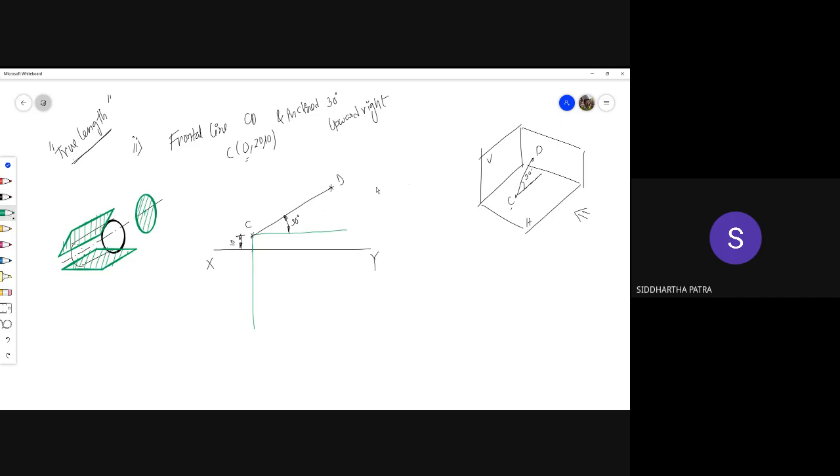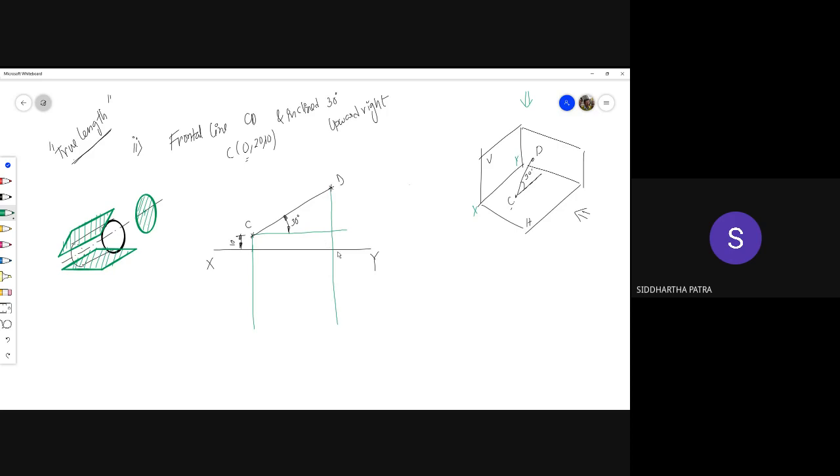Now I need to project this line. If you look at it from the top, how would the line look like? It would look like a line that is parallel to the vertical plane. When you are looking at the top view, or the horizontal plane, you see the vertical plane aligned with this xy line of yours.